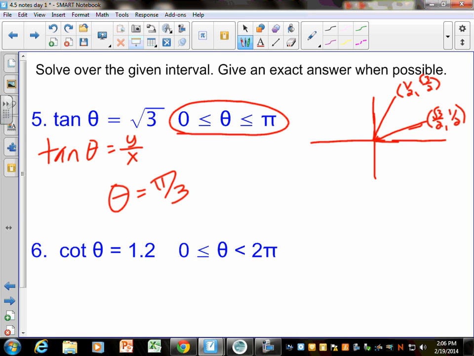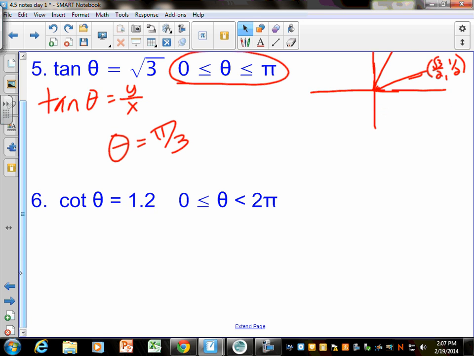As opposed to questions like this. Use the calculator. And again, there are very similar questions to this on 4 day 1.